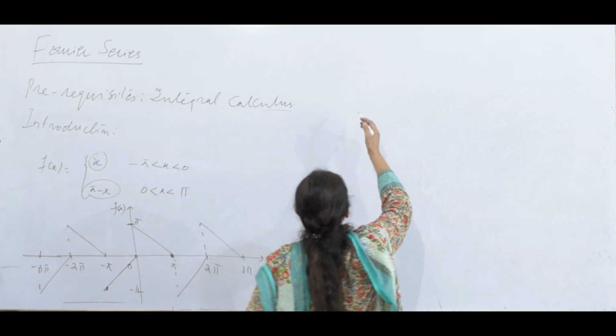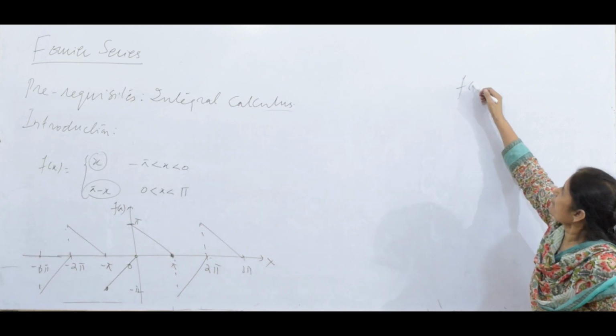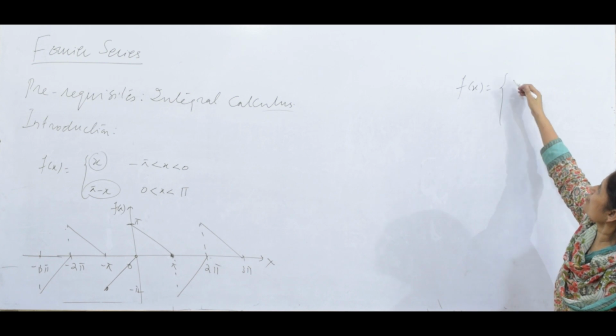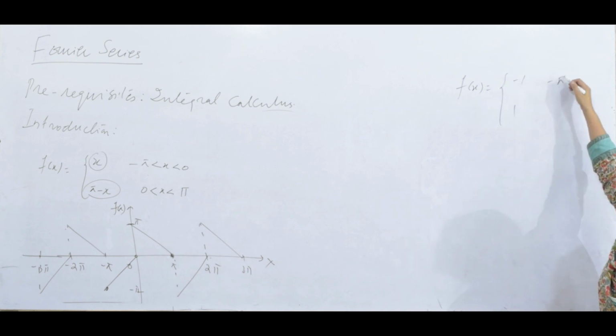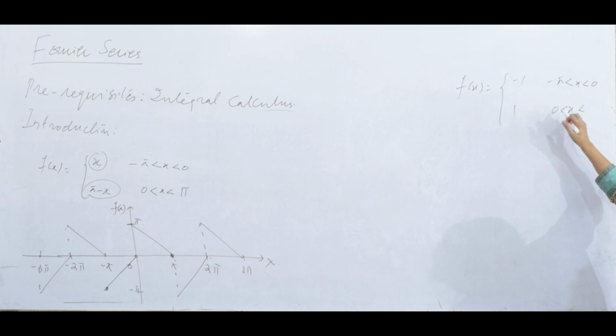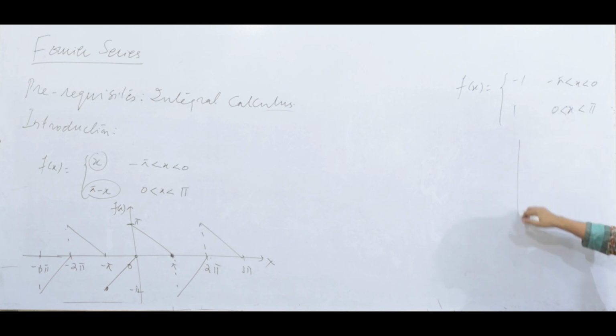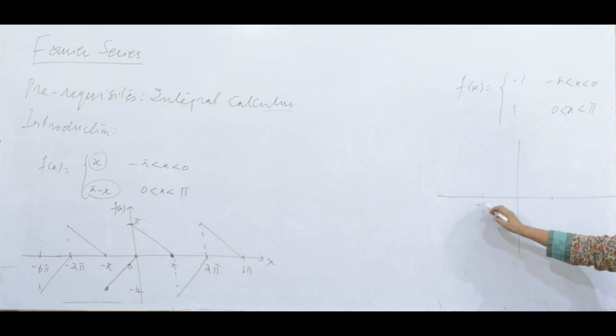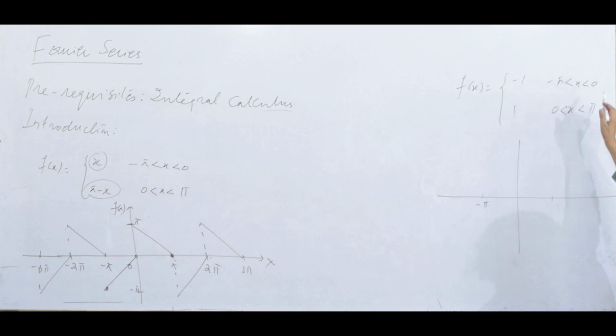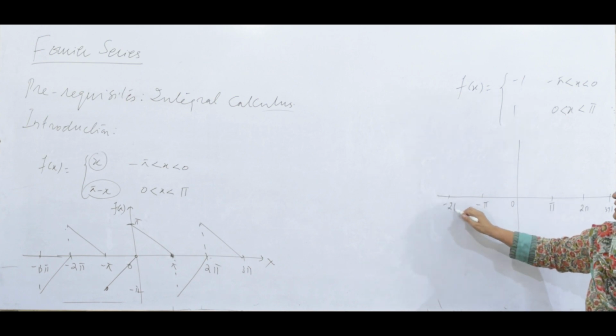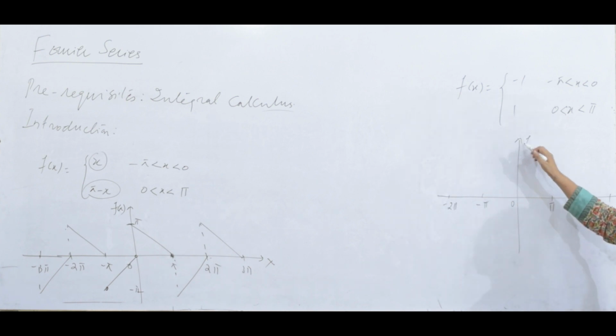Let me have a couple more. f of x is equal to minus 1 for minus pi less than x less than 0, and 1 when x lies between 0 to pi. So I have the intervals which I have given, minus pi to 0, then pi, then 2 pi, then 3 pi, here minus 2 pi and minus 3 pi, and this is your f of x.